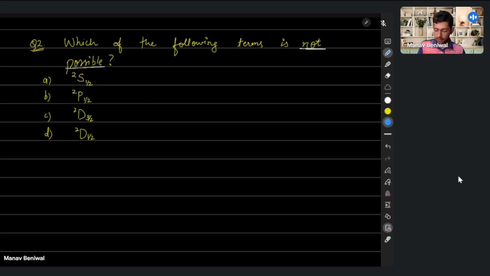Now we know that there is a general formula for spectroscopic notations. What is the general formula? The general formula is 2s plus 1, and then here we have L, and here we have J, where L can be S, P, D, and so on, and correspondingly we will have l as 0, 1, 2, and so on.